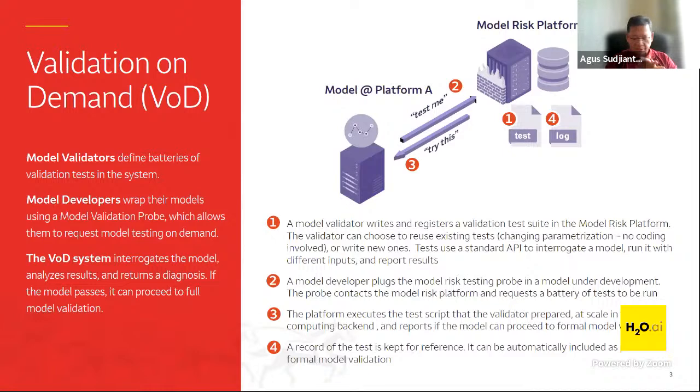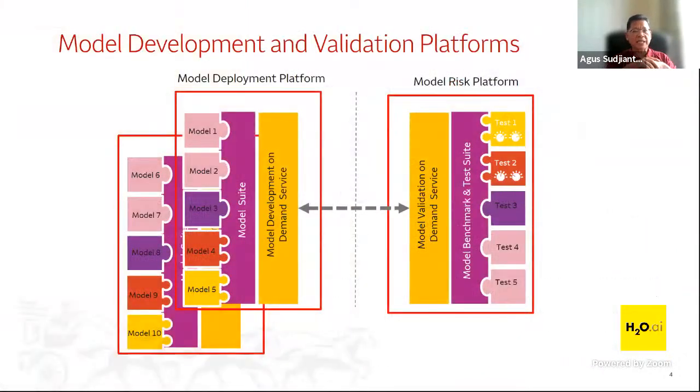And this can be a very complex process in a large company, because models are developed and deployed in various different systems, and we have platforms for model validation as well. So the connection and the communication between model development and model validation platforms is very critical for us. And part of that is how do we make it happen? So we have model development in a model development platform, model deployment in a model deployment platform, and then the model risk platform, which is really model validation.